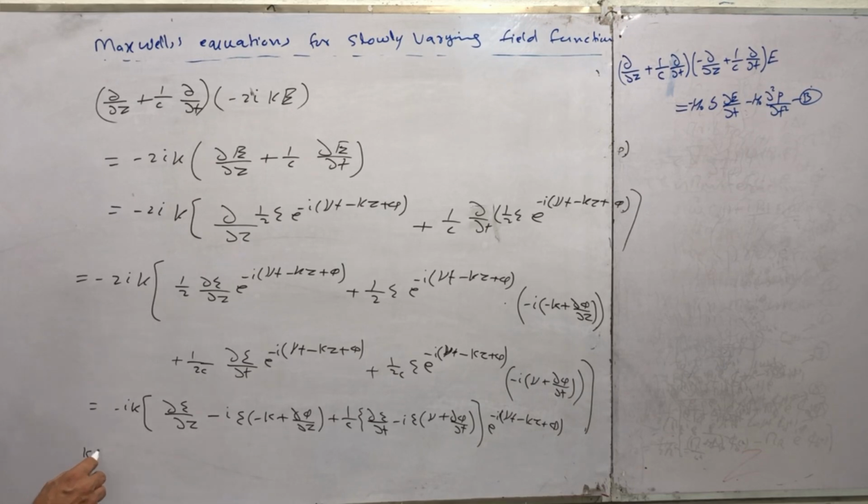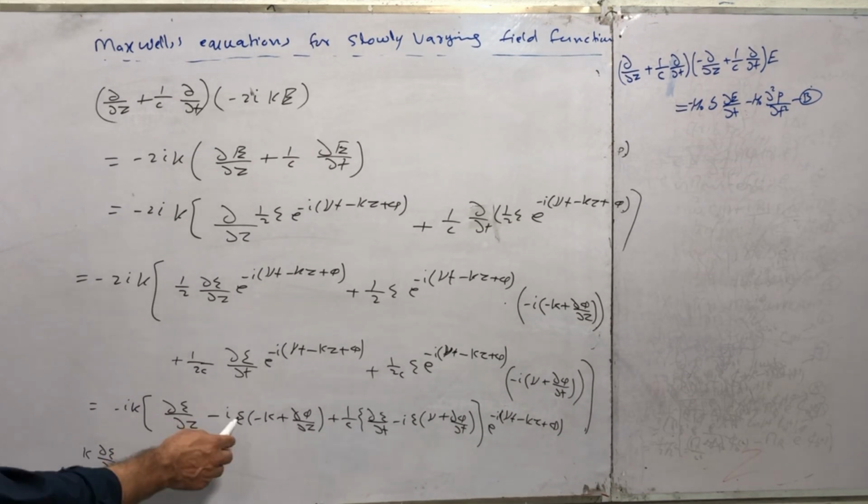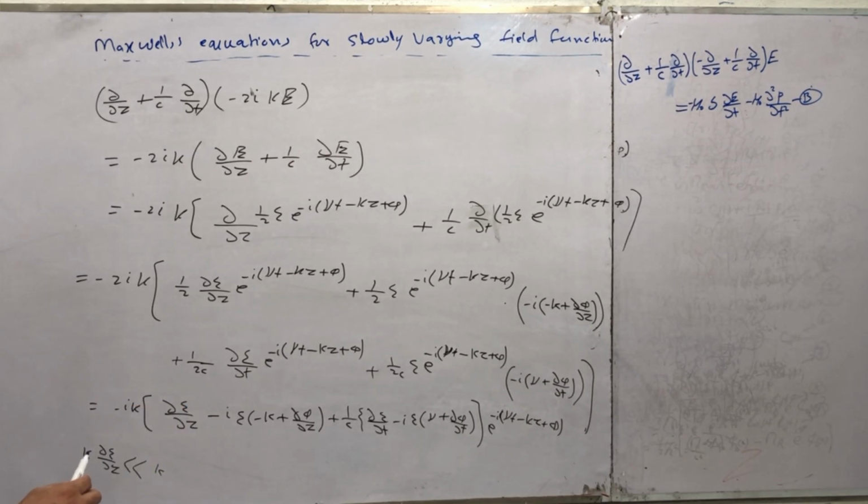It means that k partial e divided by partial z is not very less than k times the electric field e. So in this case, we can't use the slowly varying approximation. This is not possible here because there is a k multiplying the whole terms.